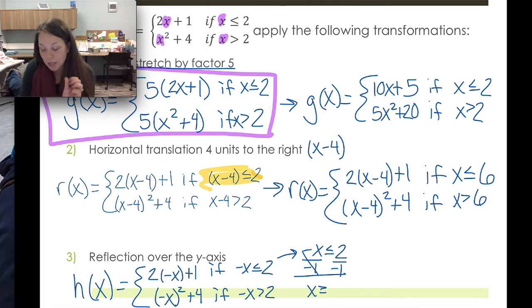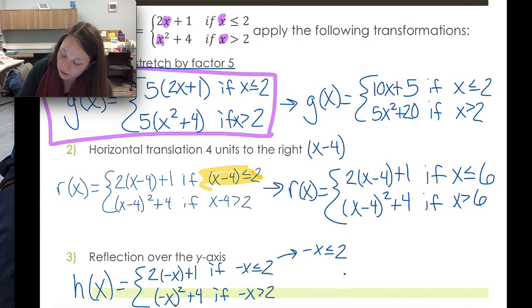You have to flip the inequality sign around. So really, negative x is less than or equal to 2 means positive x is greater than or equal to negative 2. So don't forget that. When you multiply or divide both sides of an inequality by a negative number, you have to flip the inequality sign around in that process.